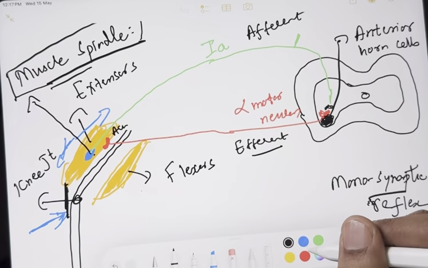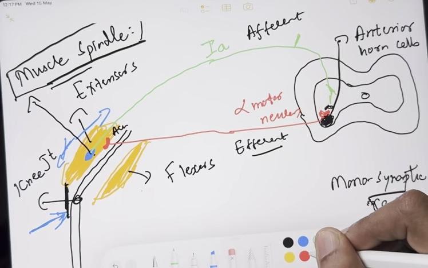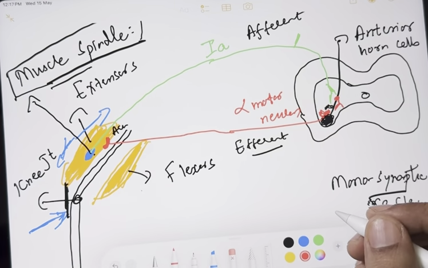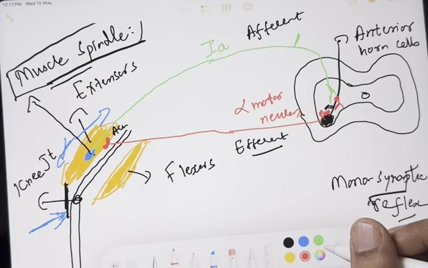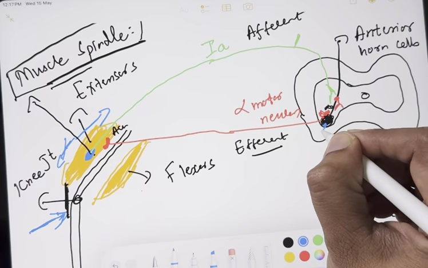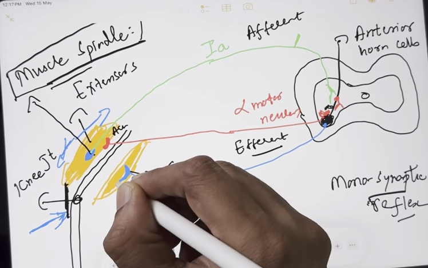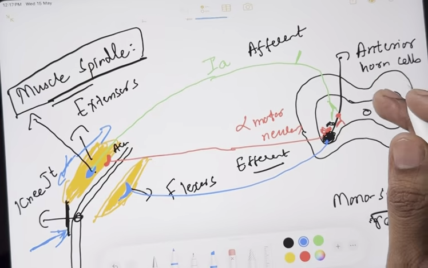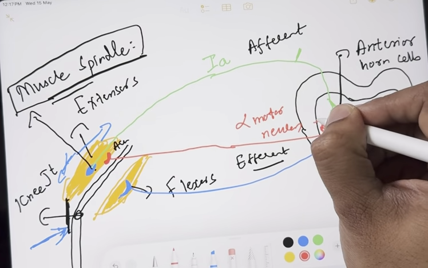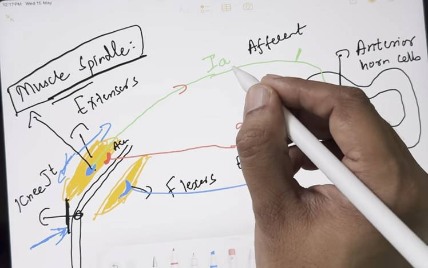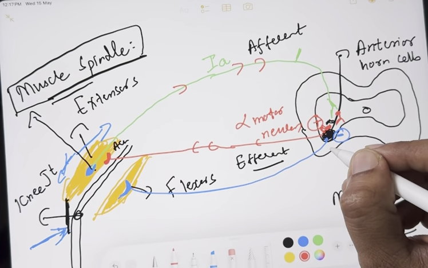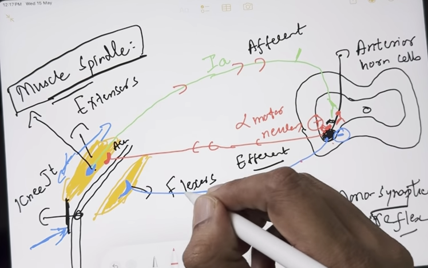Not only this, there will also be an interneuron present. I will highlight one more small interneuron here. These sensory nerves activate the interneuron, which in turn will inhibit the alpha motor neuron supplying the flexor muscles. So basically there is inhibition here and stimulation here. These sensory nerves carrying the signal stimulate the alpha motor neuron of the extensors and inhibit the alpha motor neurons of the flexor muscles.